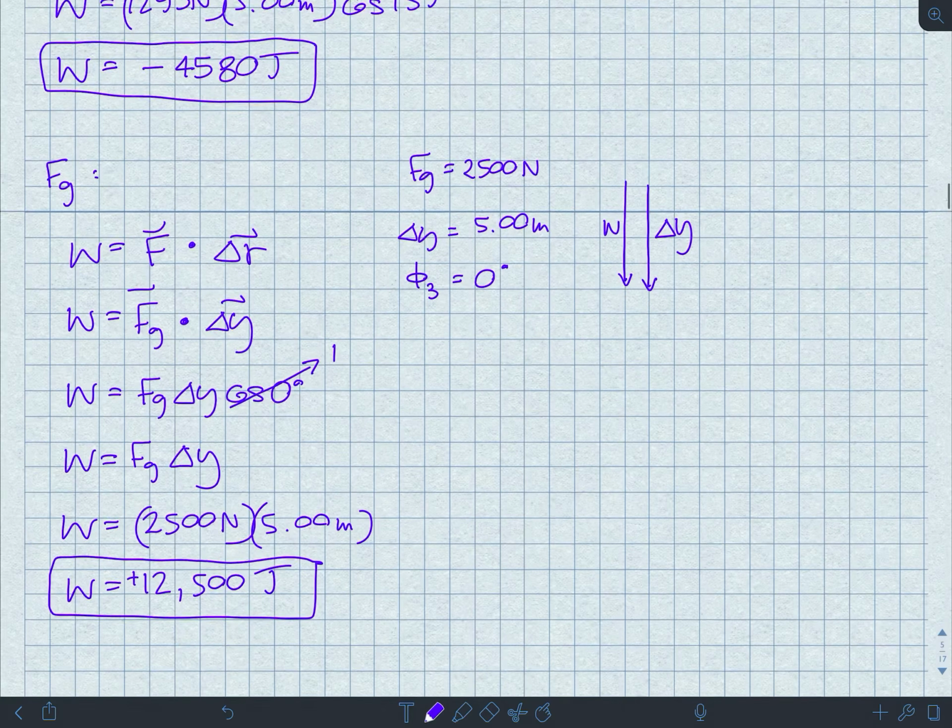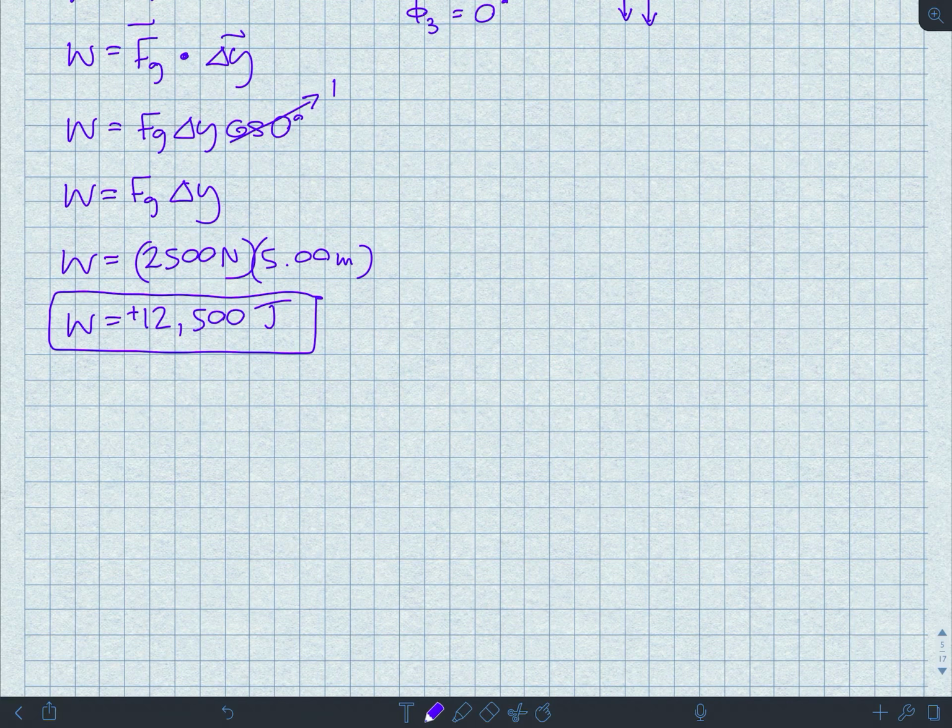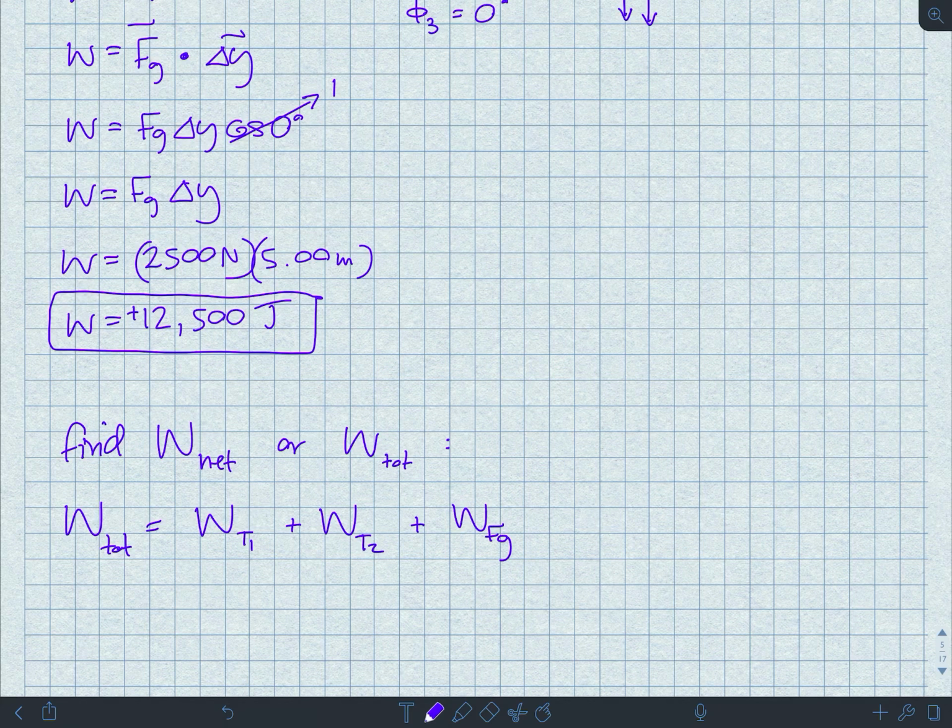So let's see what we get here. Let's find work net or work total, however you want to call that. Work total is going to be the work done by tension 1 plus the work done by tension 2 plus the work done by the force of gravity.